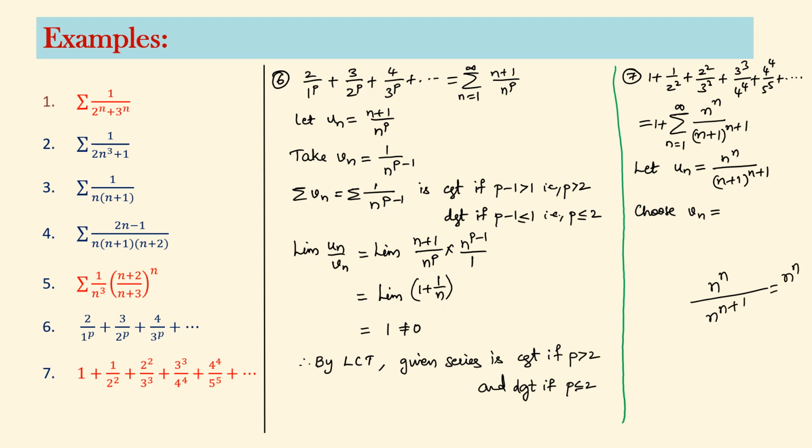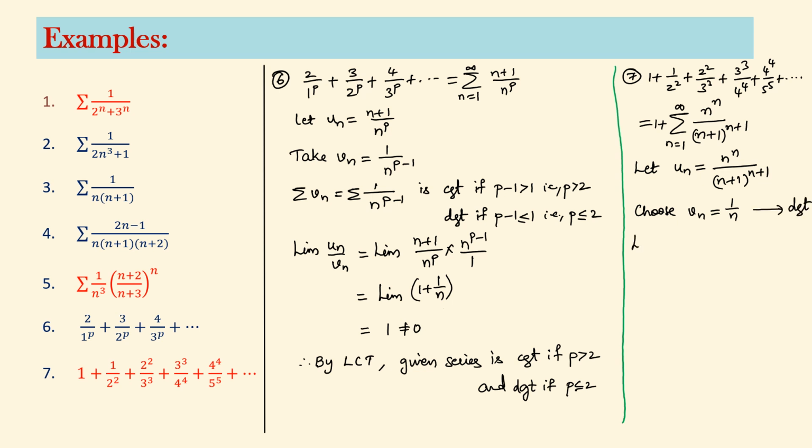Simplifying, n power n by n power n into n, both get cancelled, so we are left with 1 by n. So take Vn equal to 1 by n, and we know that this is divergent by the P series test.